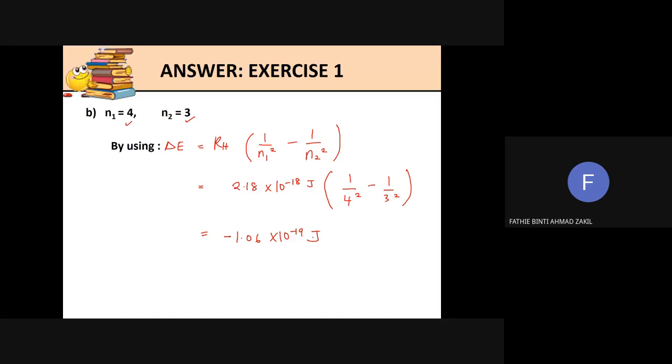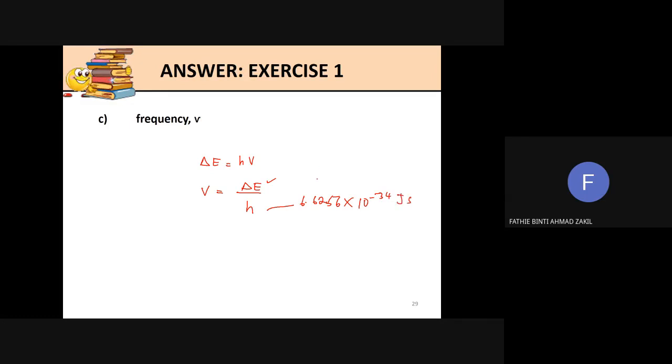Okay, next you need to calculate the frequency ataupun V. So kita tahu delta E tadi juga adalah bersamaan dengan HV. Sekarang dia nak you calculate dia punya V ataupun frequency. So V ni adalah bersamaan dengan delta E over dengan H lah. Semua dah ada, delta E pun tadi you dah calculate. H ni adalah 6.626 darab dengan 10 negatif 34 Joule second.